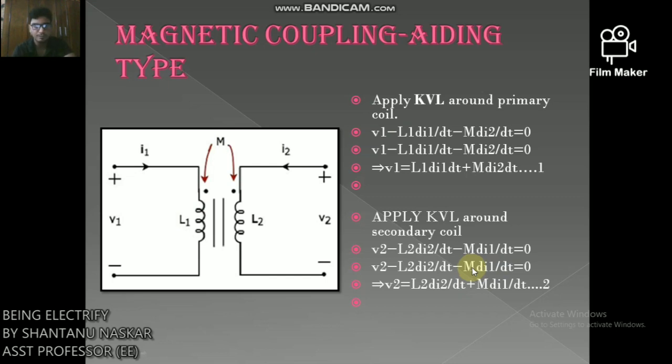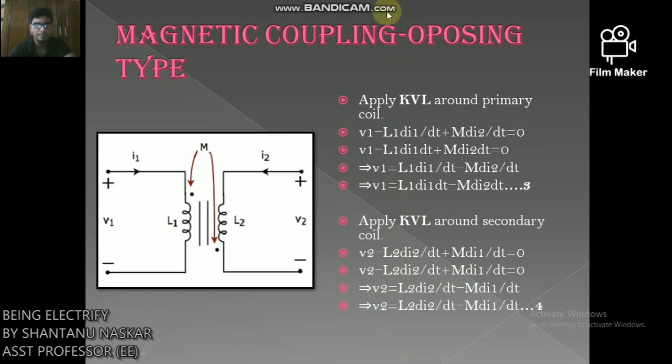Then go through the magnetic coupling, opposing type. Consider the following electrical equivalent circuit of a transformer. The currents flowing through the primary and secondary coils are I1 and I2 respectively. In this case, the current I1 enters at the dotted terminal of the primary coil.